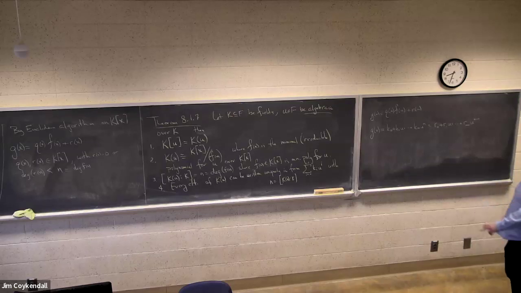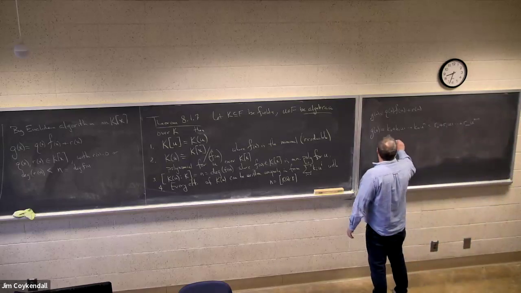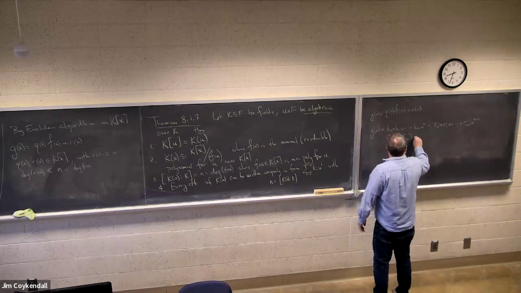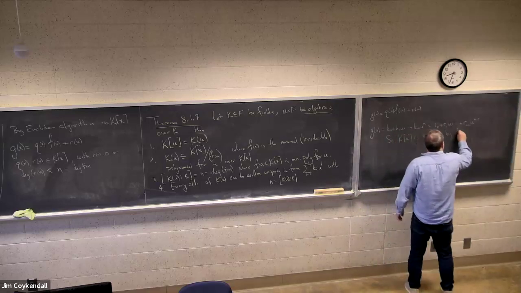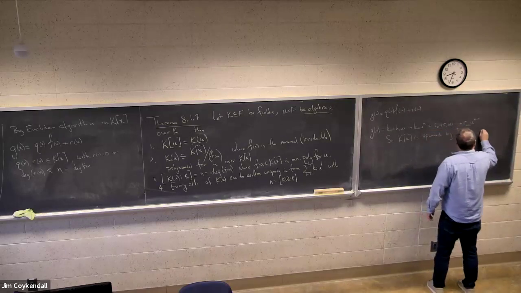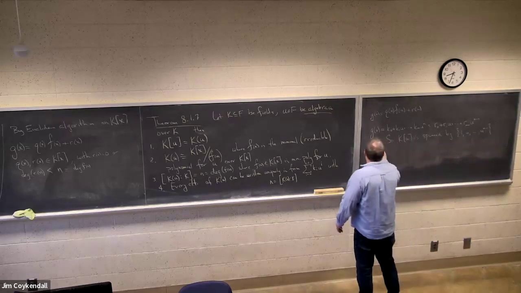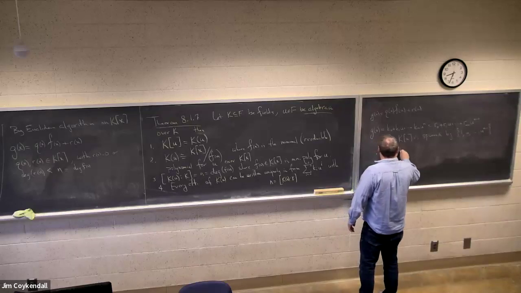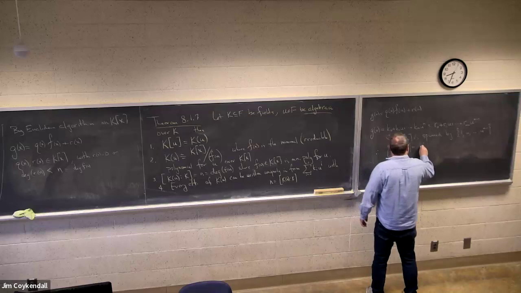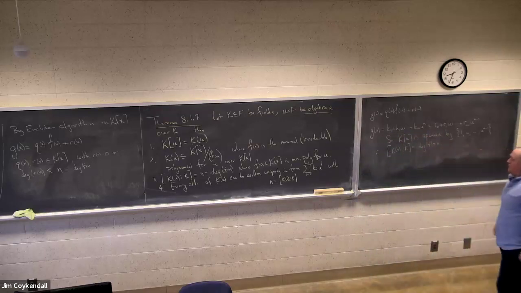And so an arbitrary element here is actually spanned by this. Therefore, statement 3, the degree [K(U):K] equals the degree of F, so n.